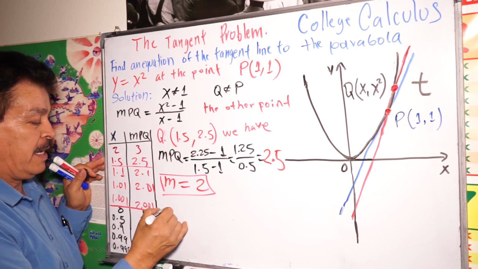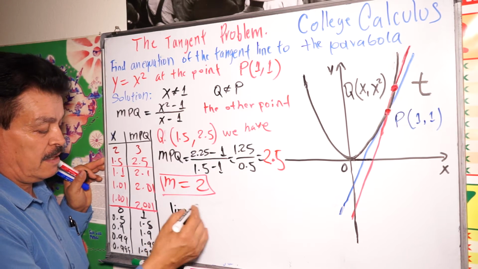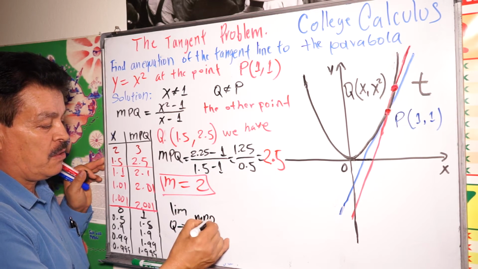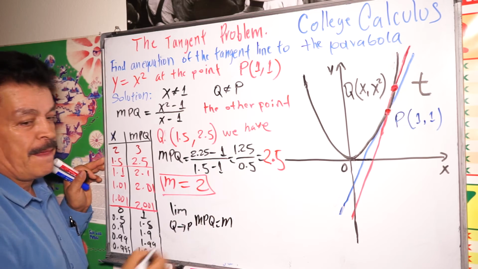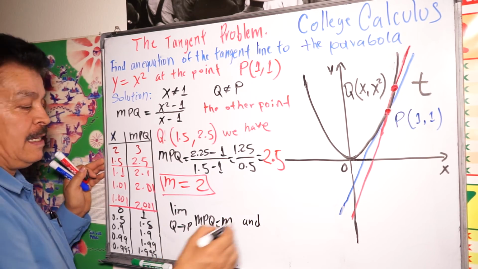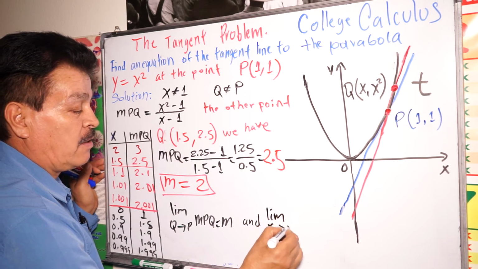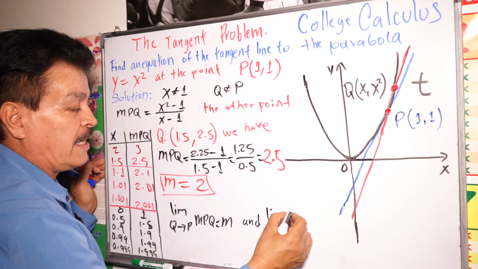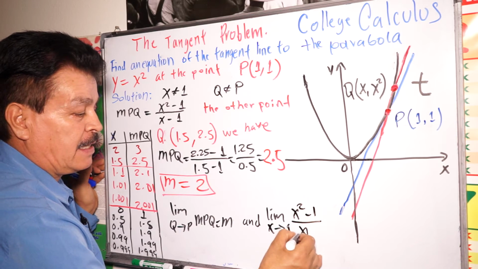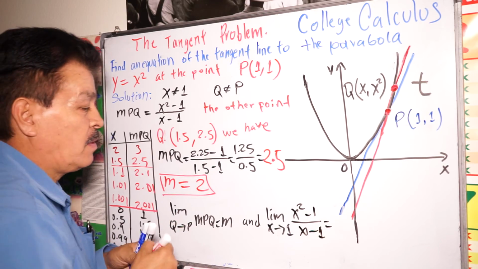So you write it right here: limit, when Q goes to P, of m_PQ is equal to m, and the limit when x goes to 1 of (x squared minus 1) divided by (x minus 1) is equal to 2, right?